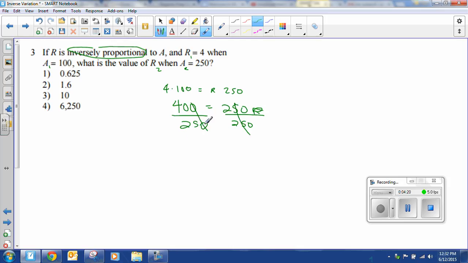And we have 40 over 25. And I don't feel like using a calculator, so I'll just reduce this by a factor of 5. So we have 8/5, which is over 1. The answer must be 1.6. Check that in the calculator if you want.